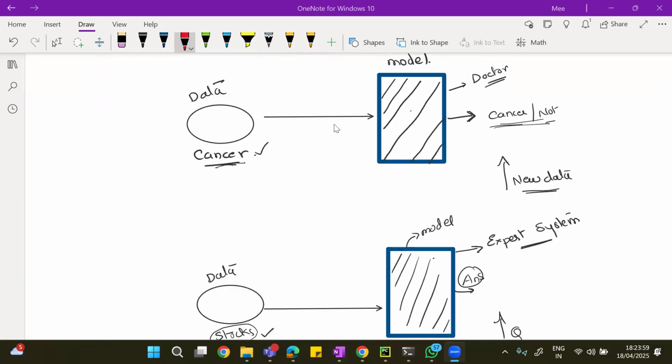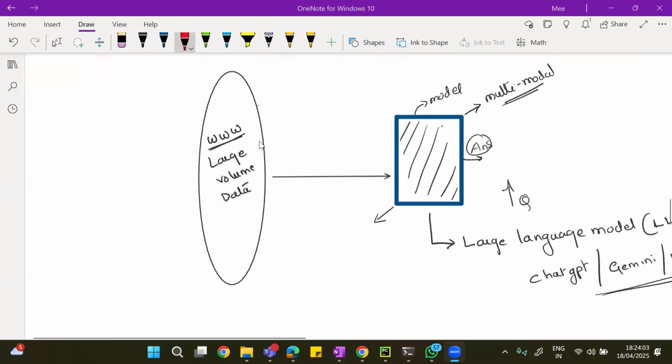Here also we can use existing models. But when it comes to WWW, that is World Wide Web data, it's very, very huge data over the internet, and you are going to give it to very highly sophisticated and high-end systems. So none of that is possible for us to do individually. No way.